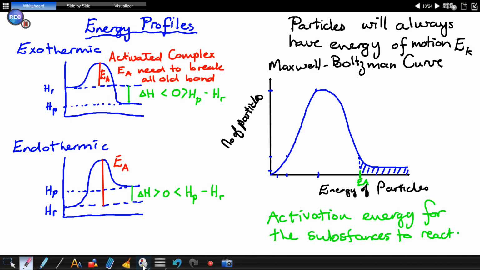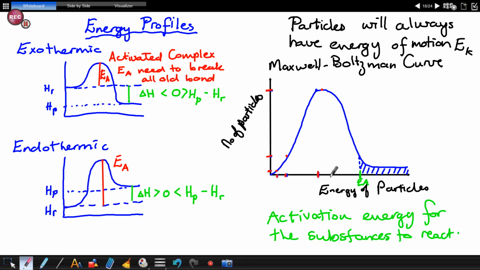Some particles have that amount of energy, but a very small amount of particles will have that energy. Some particles will have that energy, but a bigger amount of particles. The most particles will have that amount of energy. These are the number of particles, but it's still less than the activation energy.